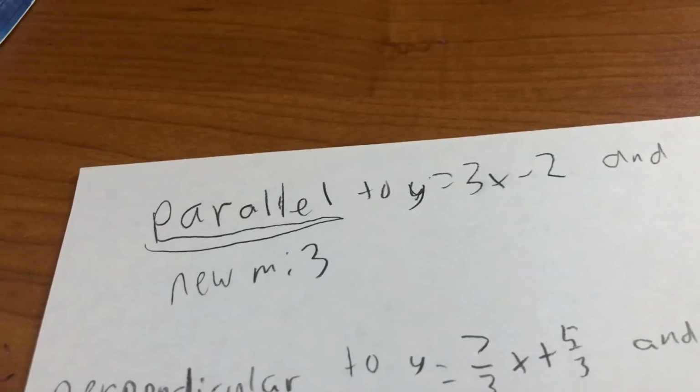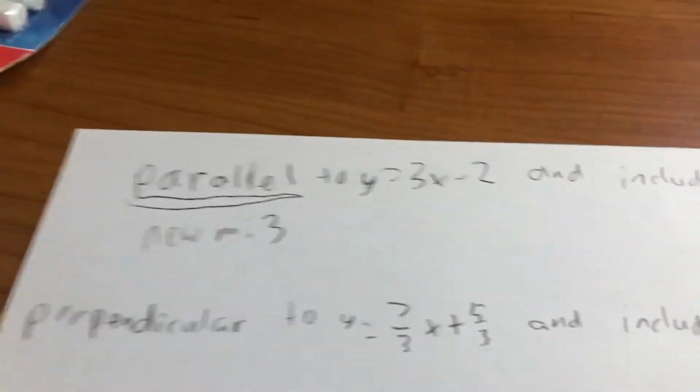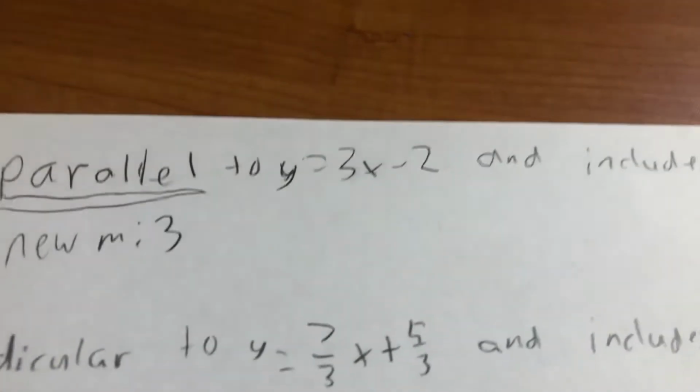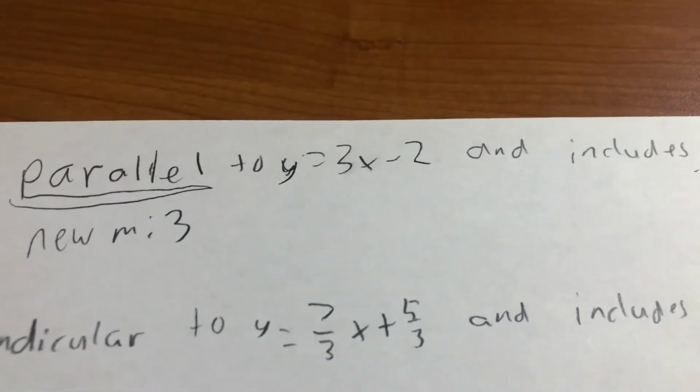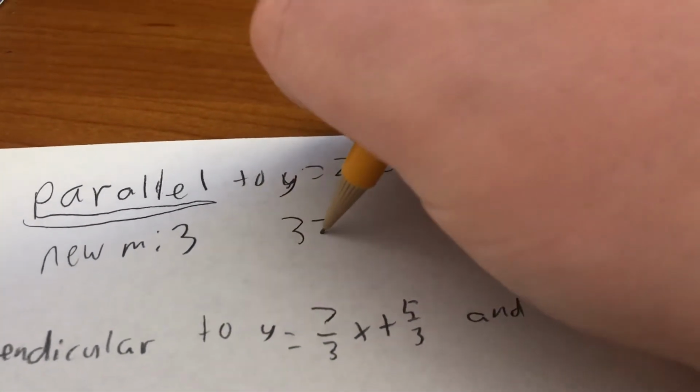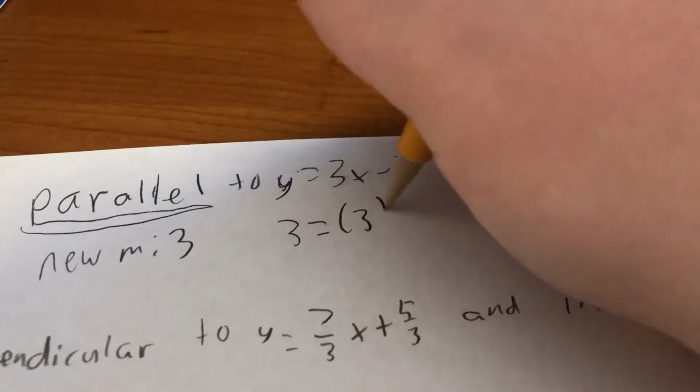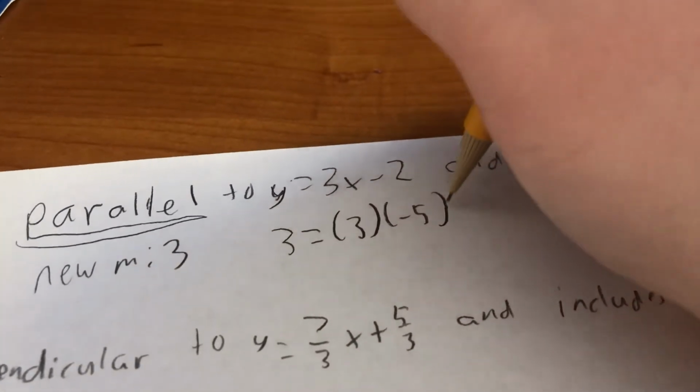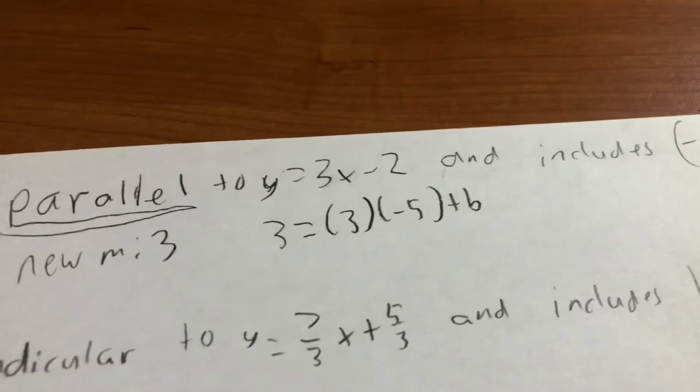And now, because we have our new m, we can go into step 2, which is to calculate b. Now we're going to do it just like before in our last video, basically the same format. So we're going to have 3 equals 3 times -5 plus b.